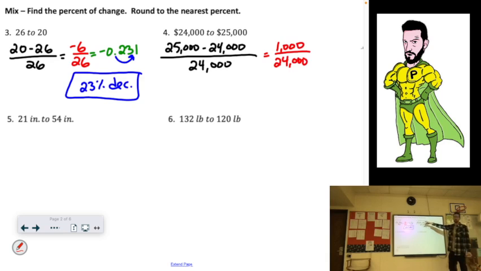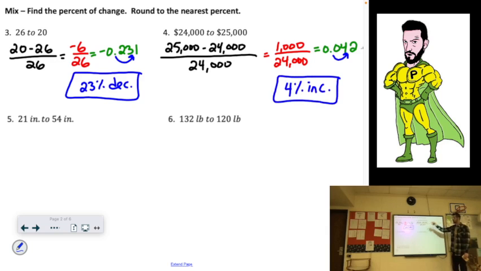Now, if you look at the original problem, you could tell it went up. It's a percent increase. So let's see, 1/24 is 0.042. Right? So it's 0.04166666666. You move it twice, it becomes 4.2%, which we will say is a 4% increase.